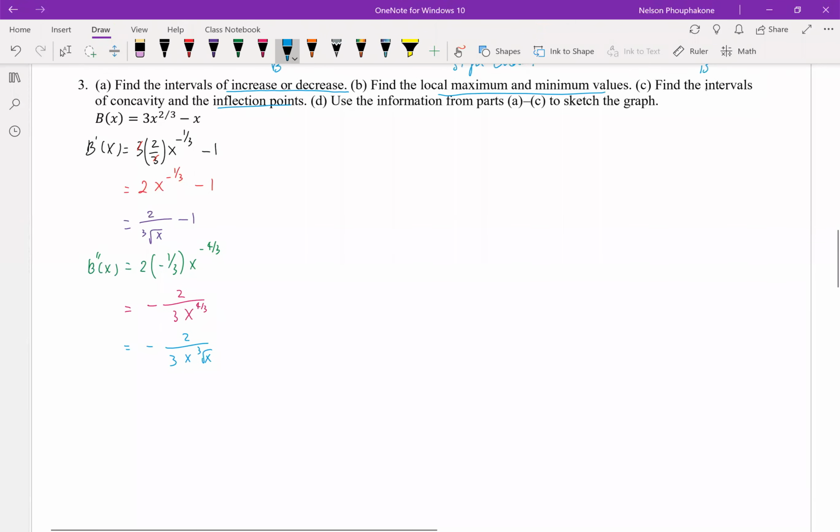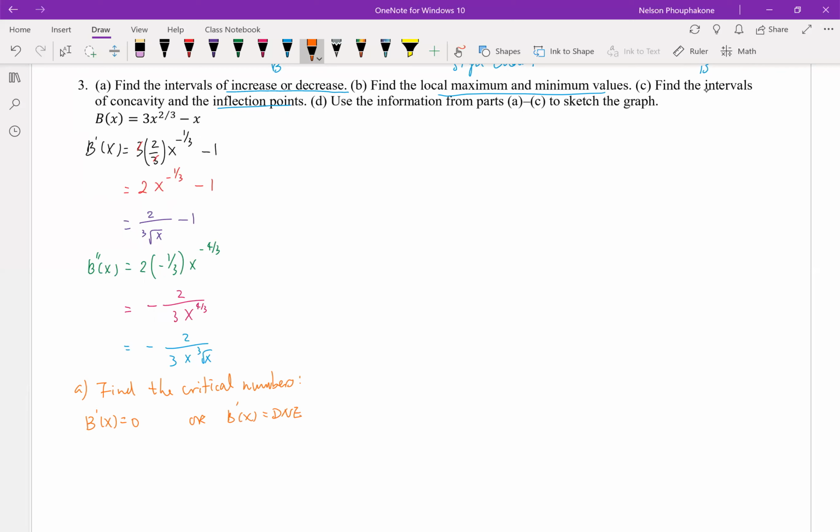Okay, and now, in order to find increasing and decreasing, of course, we are going to work with the critical numbers. So we would like to find the critical numbers. Remember, we could set b prime of x equal to 0, or b prime of x is undefined, right?